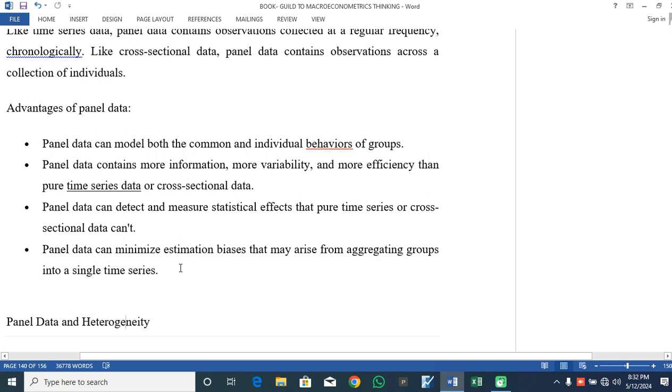Then lastly, the panel data can minimize estimation biases that may arise from aggregating groups into a single time series.